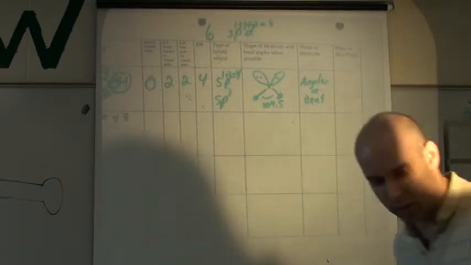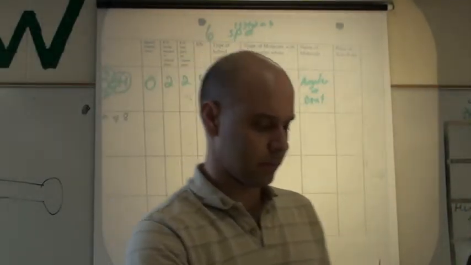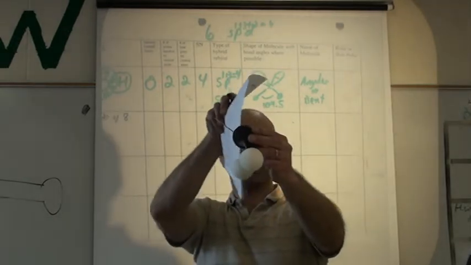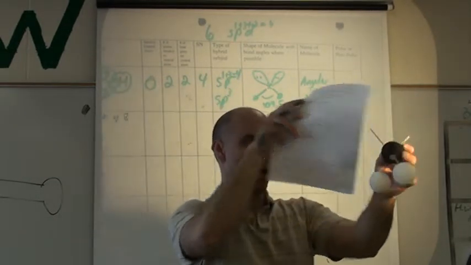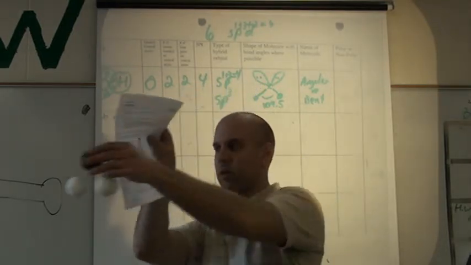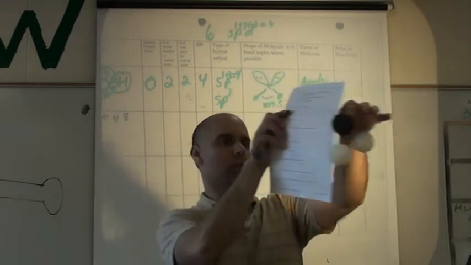So, okay, let's take a look at the polarity. Let's chop it along a bond length. Is that symmetrical? Yes. How about this bond length? Yep. How about this bond length?